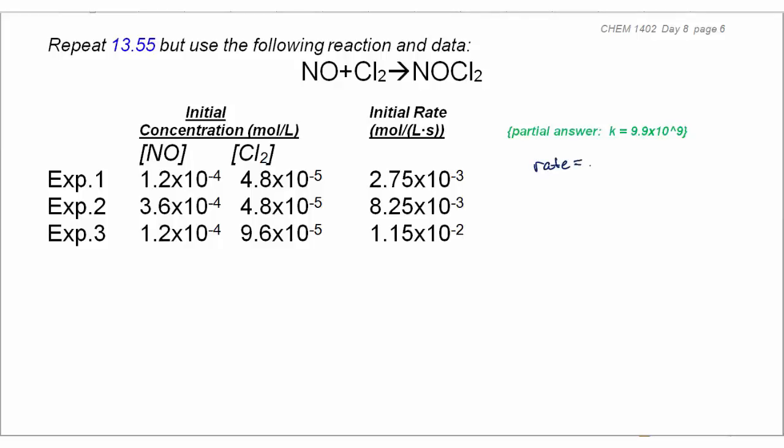Rate is going to be K, each reactant in brackets, raised to these powers. So there's my general rate law. Okay. Now we can go ahead and get started. Let's pick a couple experiments. I'm going to pick, let's see, let's do 1 and 2 again, right?